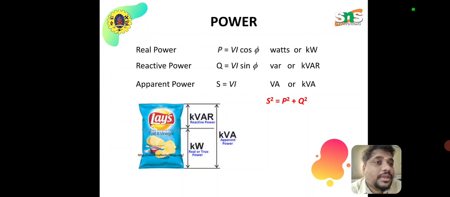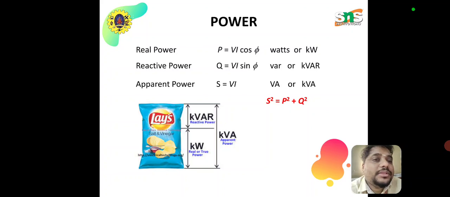There are equations to define the power values. Real power is P equal to VI cos phi, measured in watts, that is the total power. Reactive power is Q equal to VI sin phi, represented by the VAR, that is volt-ampere reactive.